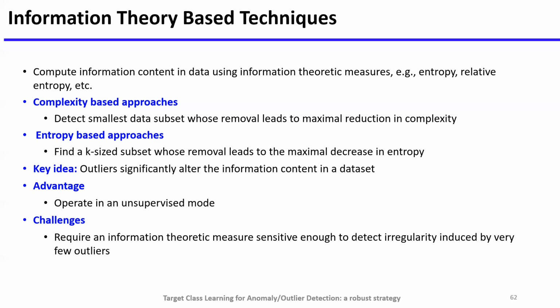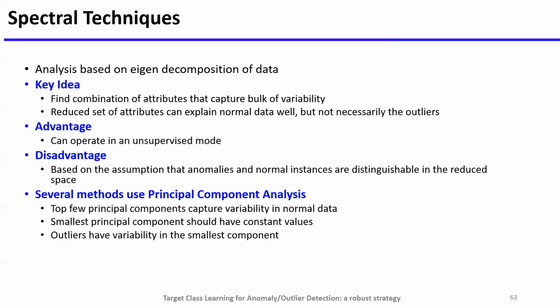Okay, so here basically we need more information about all those information theoretic measures, so that we can understand the context correctly, and we should not miss the information while dealing with such types of techniques.